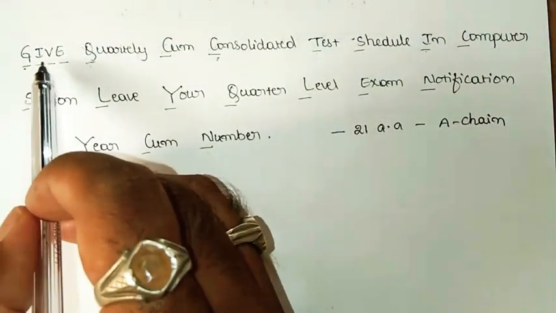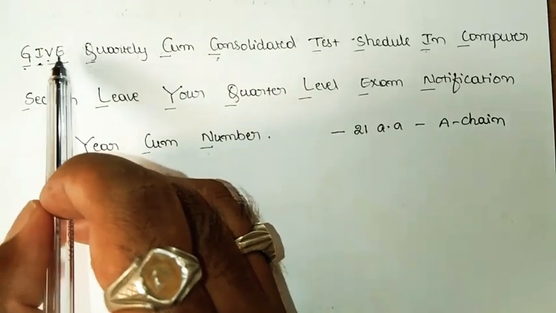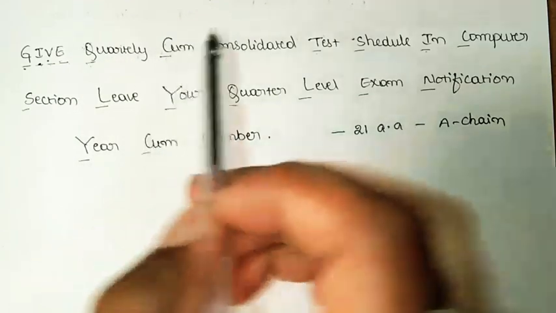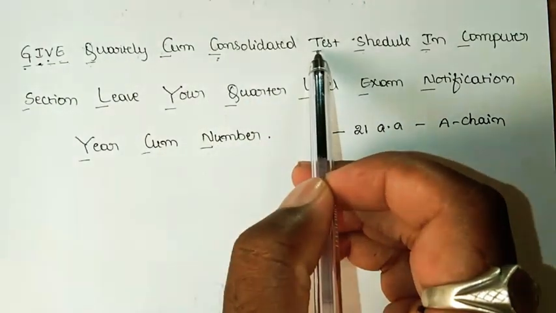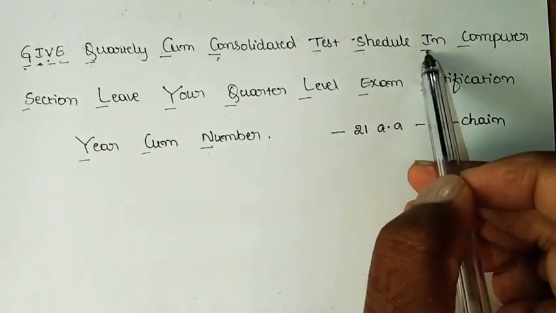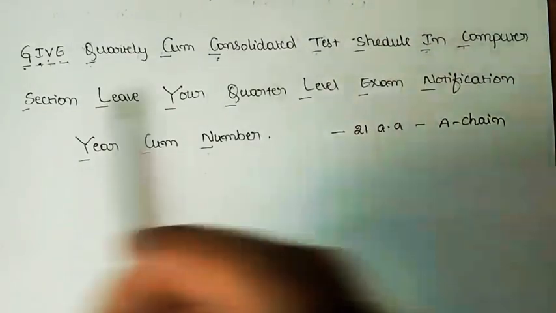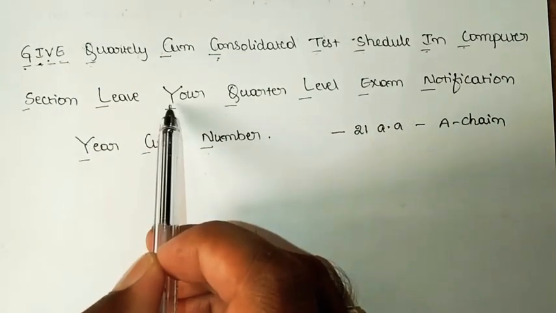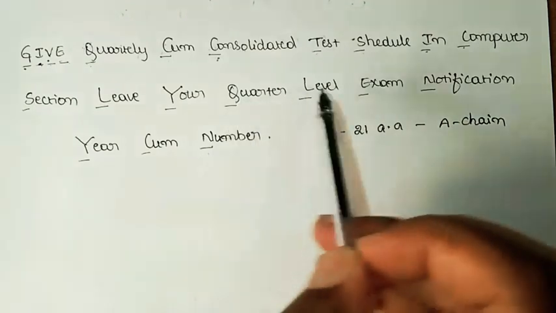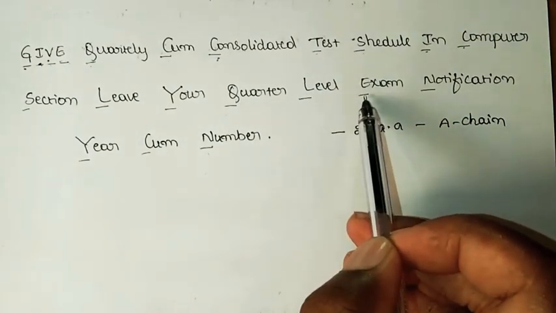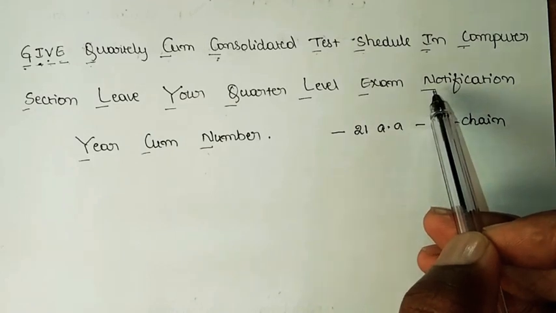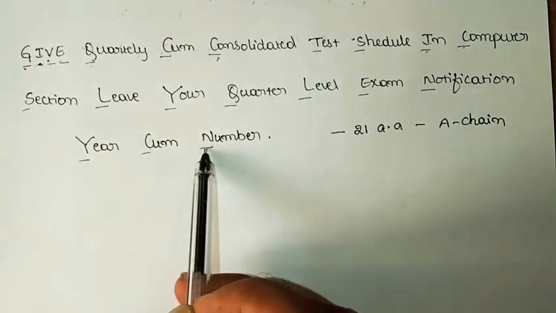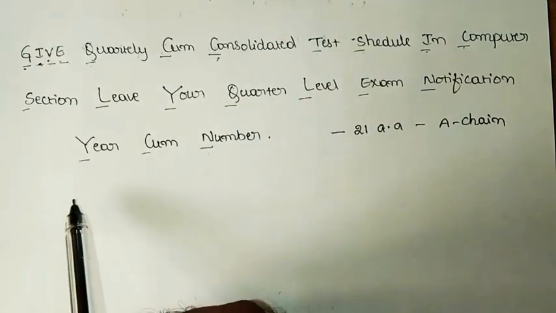So G accounts for glycine, I isoleucine, V valine, E glutamic acid, Q glutamine, C cysteine, T threonine, S serine, I isoleucine, C once again cysteine, S once again serine, L leucine, Y tyrosine, Q glutamine, L leucine, E glutamic acid, N asparagine, Y is once again for tyrosine, C cysteine, N is once again for asparagine.